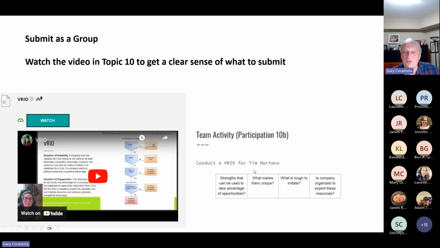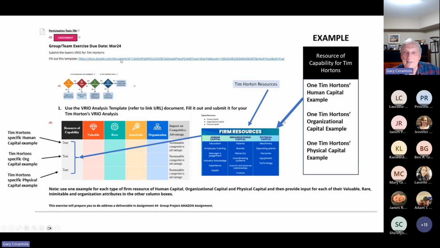So let's go into what we're looking for here in terms of the competitive advantage piece in that 10B participation activity. So we're going to take a look at human capital factors. So let's say employee training. Let's just say that Tim Hortons has the best fast food training in the business. All right. Is it valuable? Absolutely. Is it rare? Not so much, but it's how it's done.